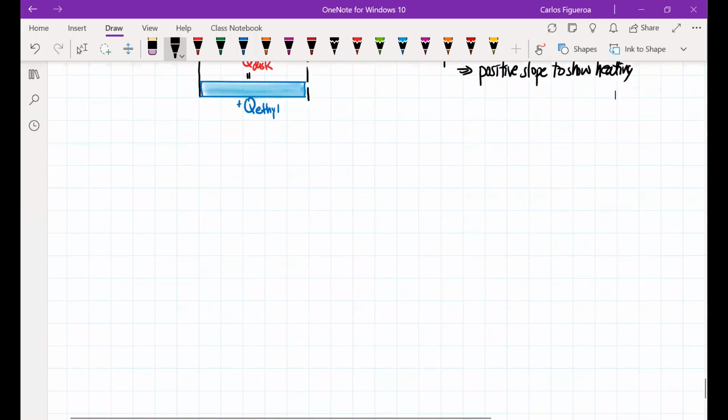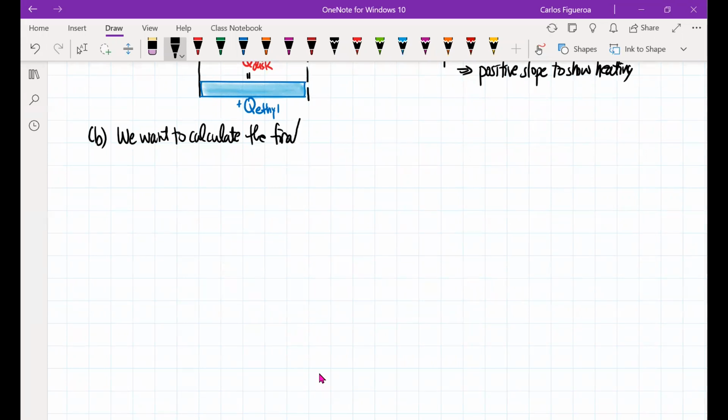So now if I move this up here, my goal, if I look at B, is to calculate the final temperature of the ethyl.